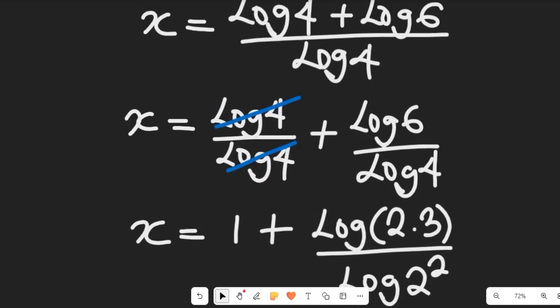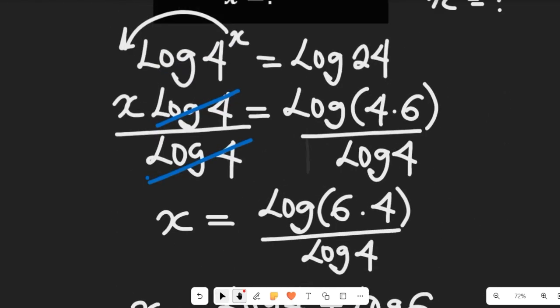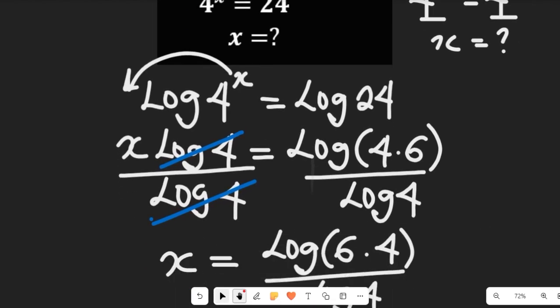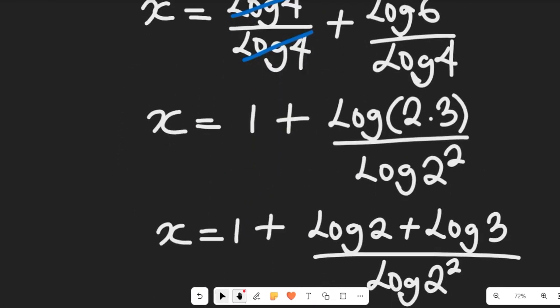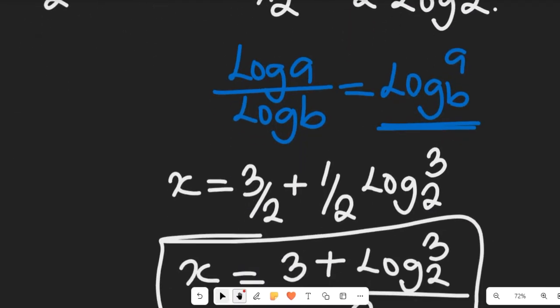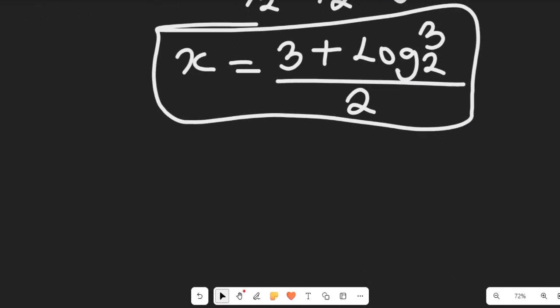Now many will always ask, tests to find out if your result is actually right. We are going to test or check if our solution is right. And to check if our solution is right, we are going to insert the value of x equal to 3 plus log of 3 base 2 divided by 2 into that original expression. And the original expression is 4 to the power of x.